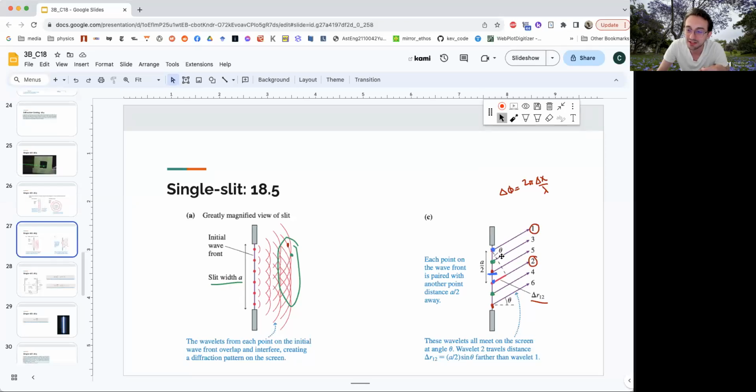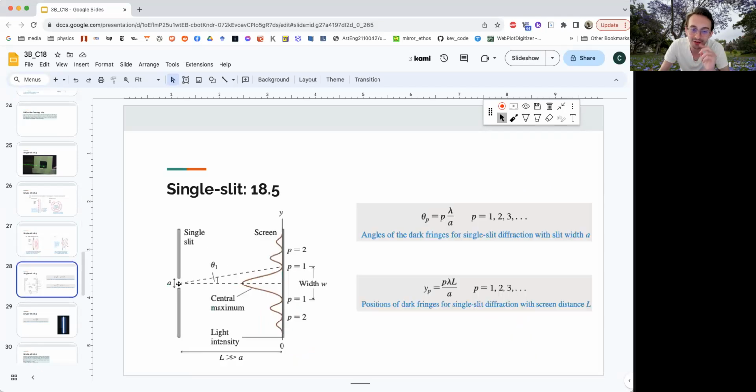Because of some nice symmetries, if pair 1 and 2 has that happen, the same thing will happen for pair 3 and 4 and pair 5 and 6. It's just a very nice symmetrical geometry problem. The book gets into it in more detail, but I'm just going to skip it. You don't really need to understand how this happens at that level.